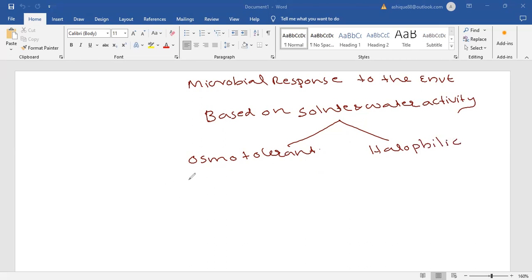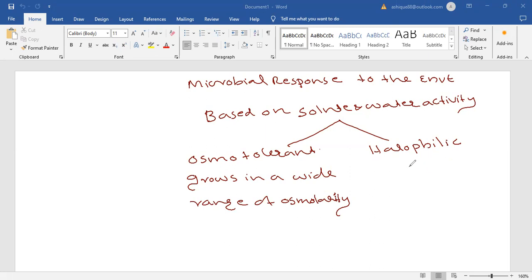Osmotolerant organisms grow in a wide range of osmolarity, a wide range of solute concentration.